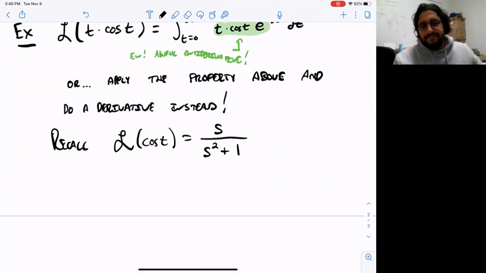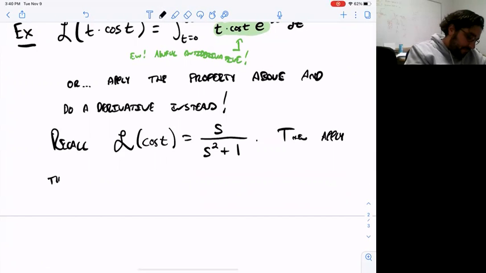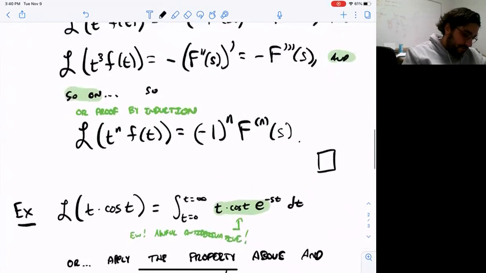In this case, a equals 1, right? So recall that formula, then apply the property that we just proved.